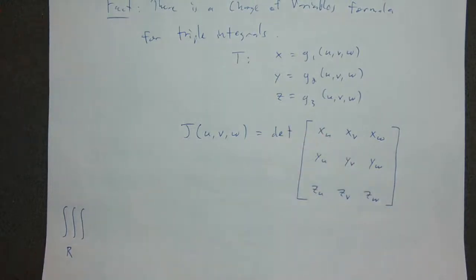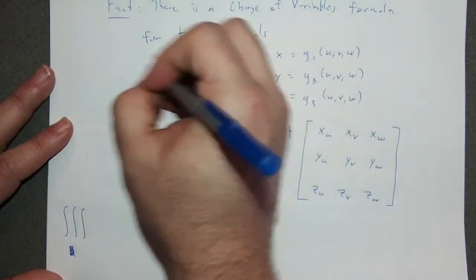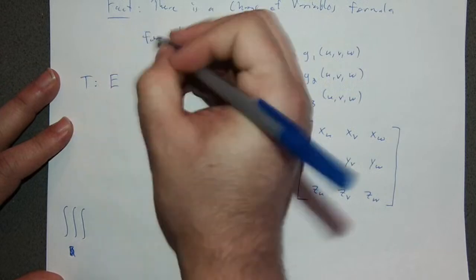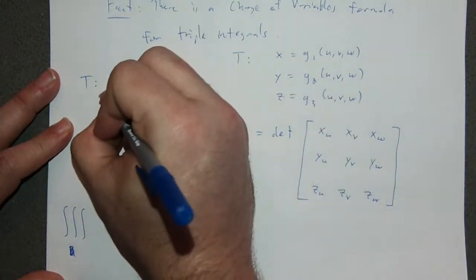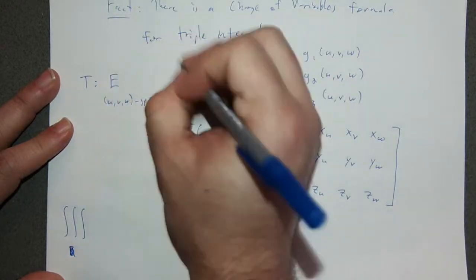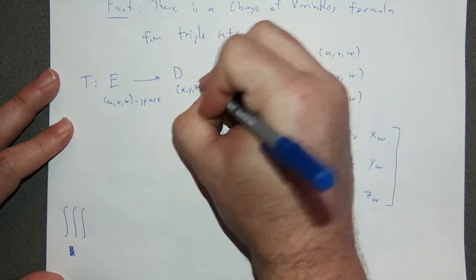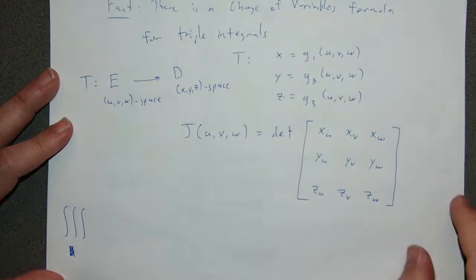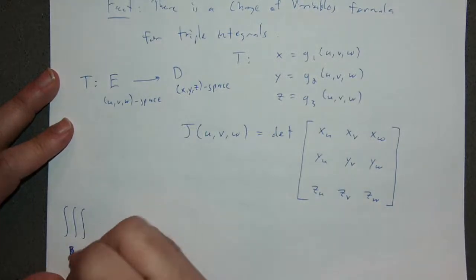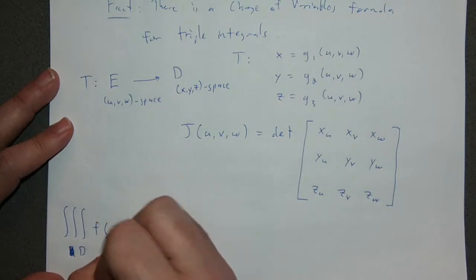Since we usually reserve R and S for 2D regions, I'll call these regions D and E. So we'll say T maps a region E in UVW space to D in XYZ space. Okay, and so this is a triple integral over D of some function f of xyz dV.